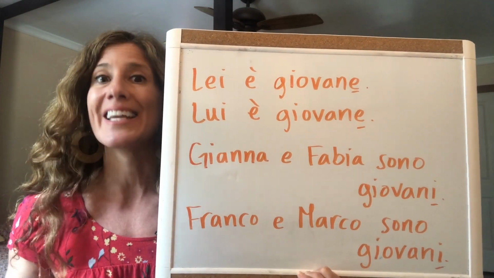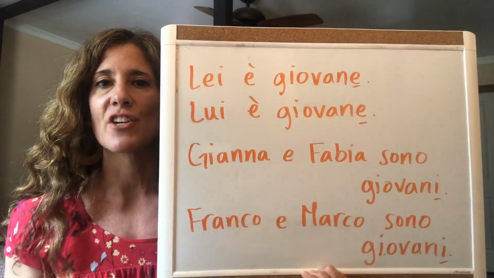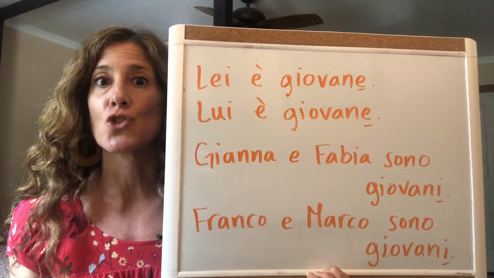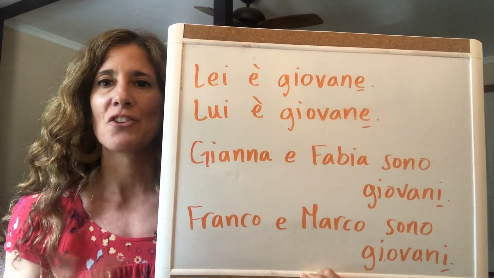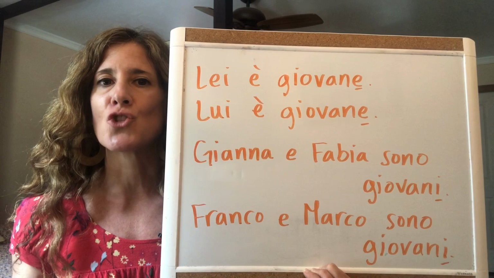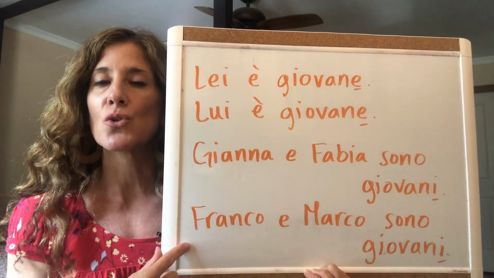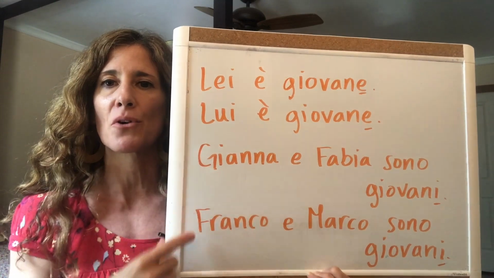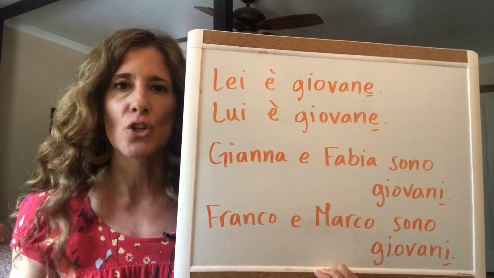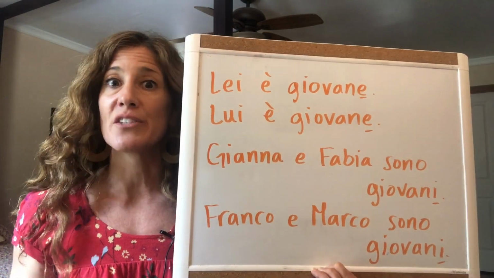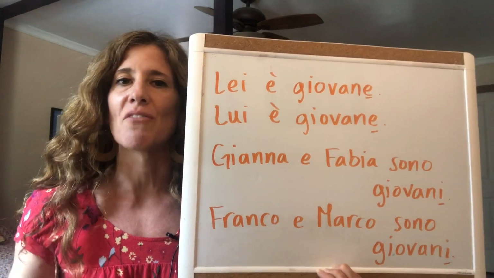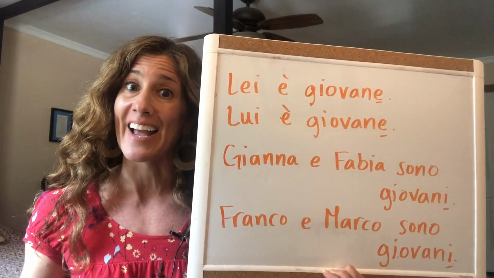She is young, he is young. And then we have Gianna e Fabia sono giovani. And Franco e Marco sono giovani. Even though these are 2 girls and these are 2 guys, this is the feminine plural and the masculine plural, but there's no distinction with gender with these adjectives that end in an E, so they have the same ending, which is just I. Va bene?